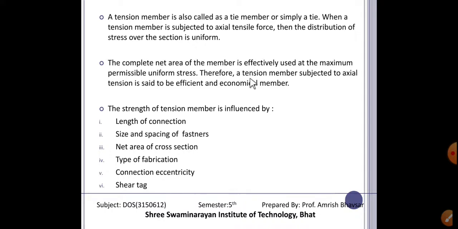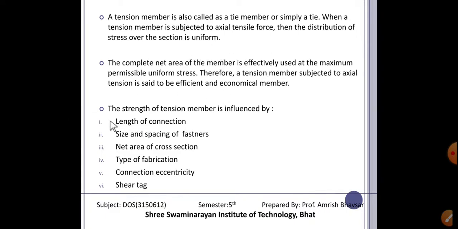Therefore, a tension member subjected to axial tension is said to be an efficient, economical member. Means whenever we are going to design any member, it must be economical as well as have uniform stress and a cross-sectional area that is enough to resist that much tension.